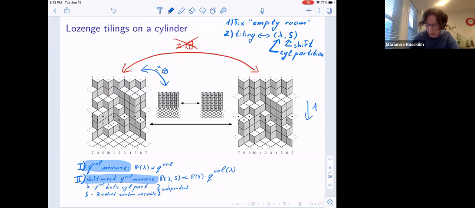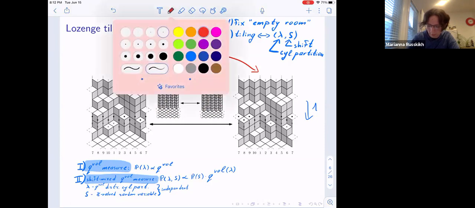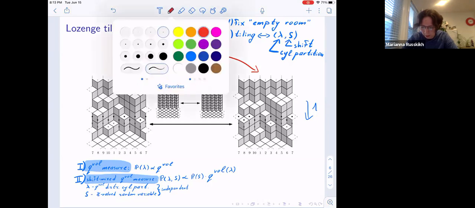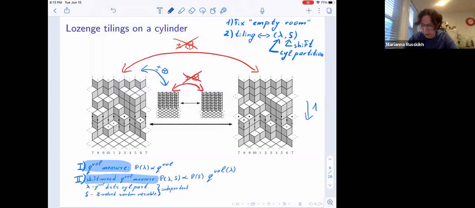But there are different empty room configurations which differ by a shift, and one empty room cannot be obtained from another by adding or removing unit cubes. So it seems natural to look at the pairs of cylindric partitions together with an integer vertical shift.